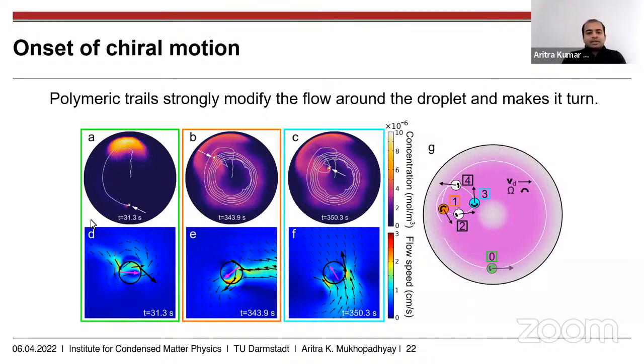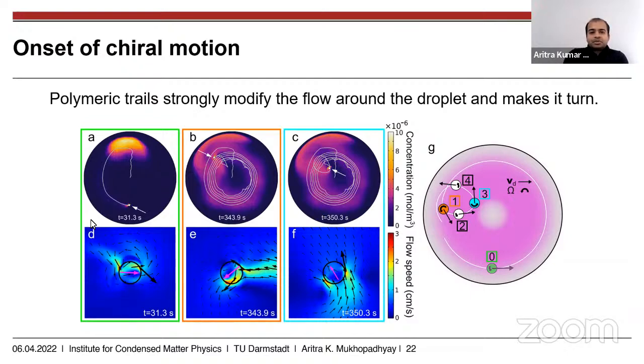What happens is that the old chemical trail, because it cannot diffuse faster, it's very long-lived, induces this memory effect. Whenever the droplet comes near this region of the trail again, the flow around the droplet is strongly modified, and this gives rise to this vortex structure around the droplet, and as a result, the droplet shows this chiral behavior.